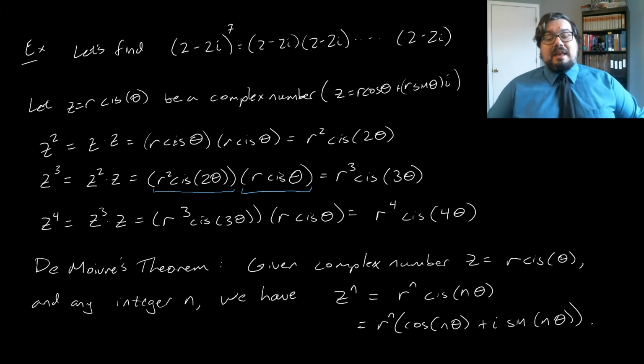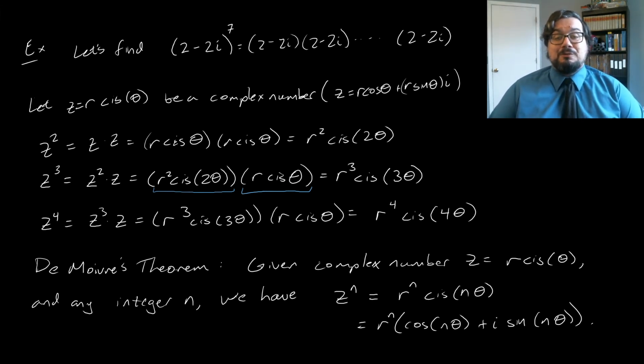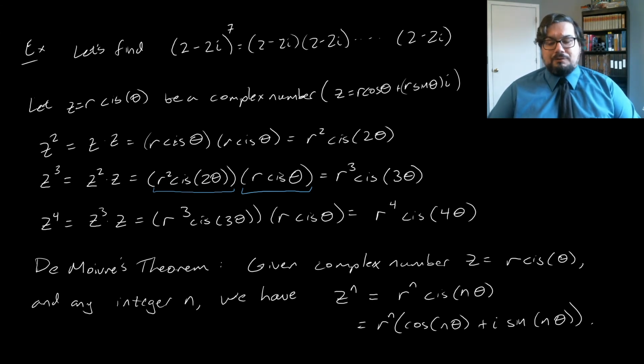This gives us a formula that we can use to raise any complex number to any power we want once we have expressed it in trigonometric form. This is very helpful for lots of types of computations that we want to do.